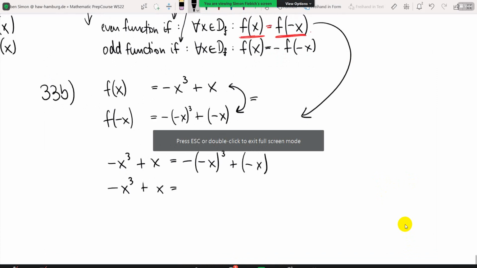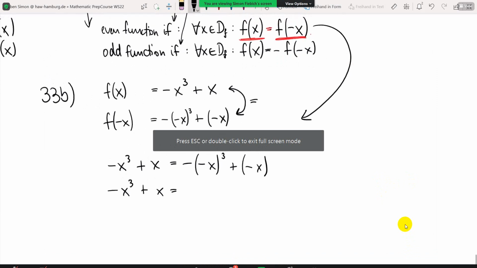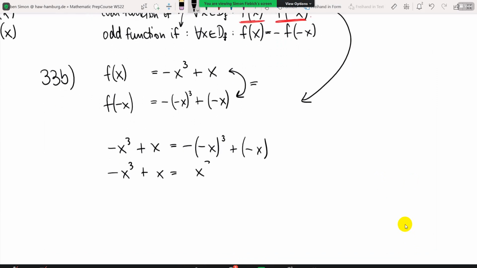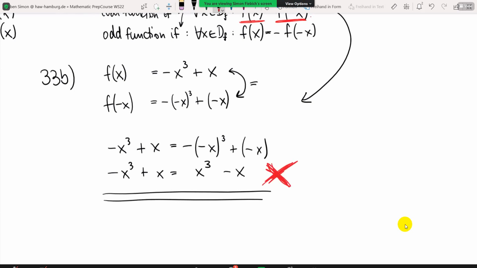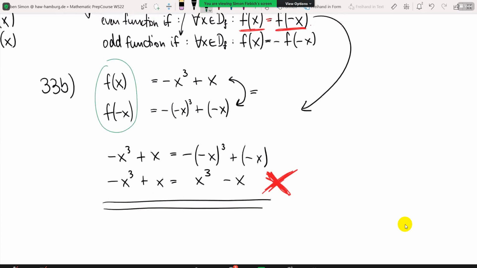So it happens to be positive x to the power of 3 minus x. And you can already see clearly that this equation turns out to be false. So this one is false, which means that this one is not an even function, because we wanted to check if it's an even function by setting f of x and f of negative x equal.